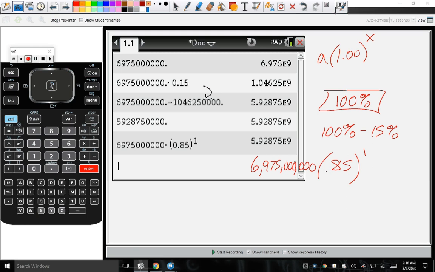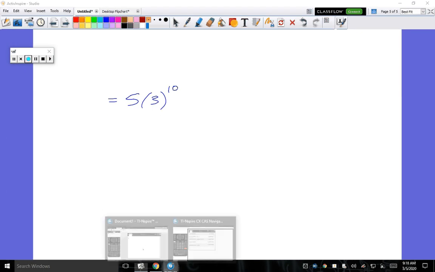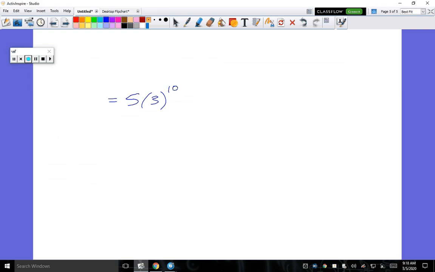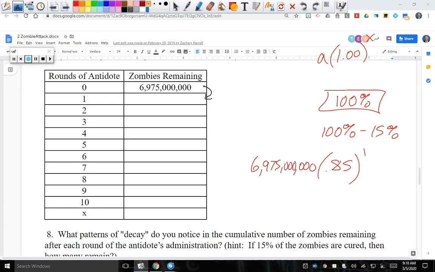Alright. So, if you were to go back over here and fill out this table, just to help you out real quick, I'm going to help you know how to use the calculator a different way as well. We're going to build this to give it real quickly my answers from 0 all the way to 10. Okay, first of all, we already know this x. Go ahead and write this in. It's 6,975 million over here, and it's multiplied by 0.85 raised to the power of x.